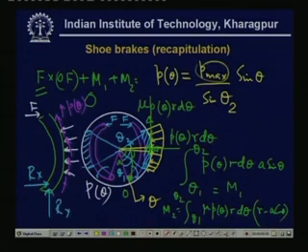Now, moment balance is already done, the force balance has to be done in order to get R x and R y. So, once R x and R y are calculated, then we can find out the proper dimensions of these pins. So, that actually ends the design of this shoe brake.